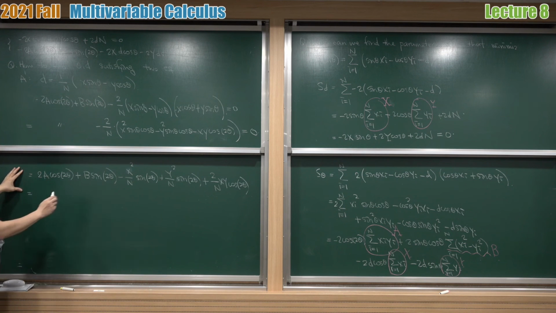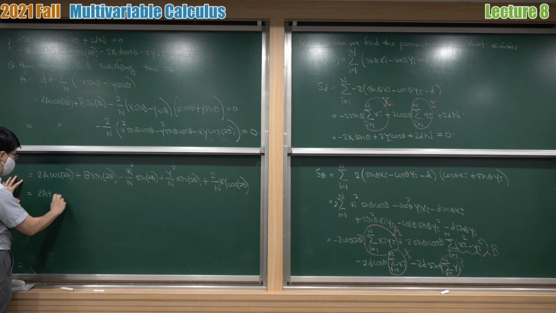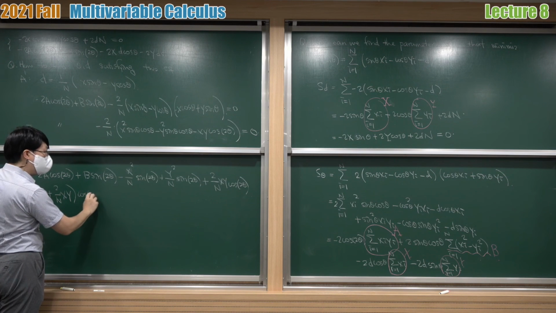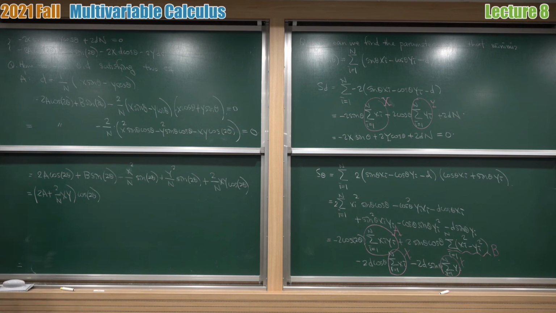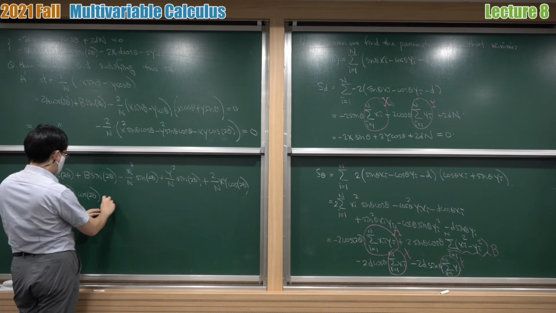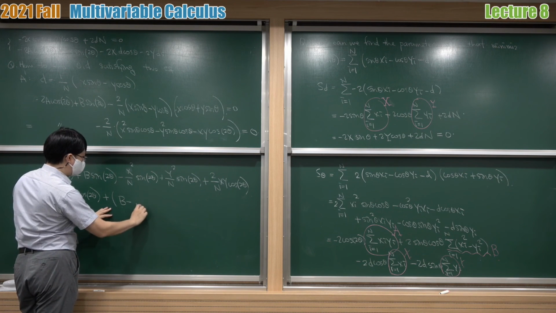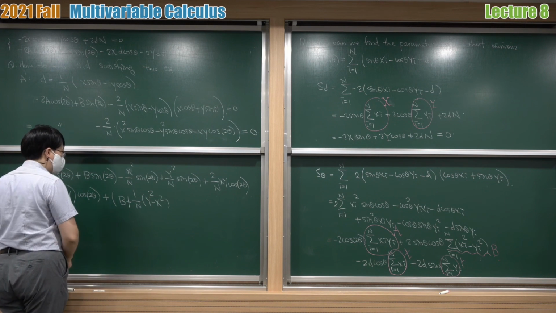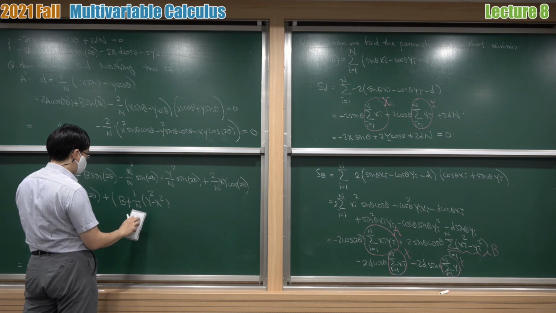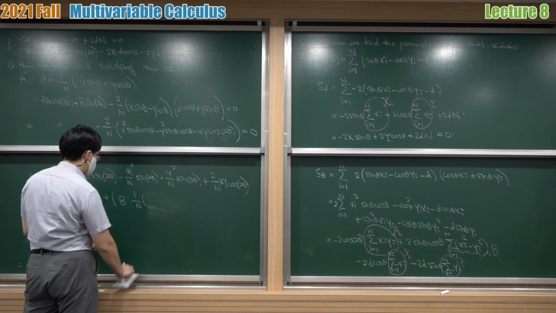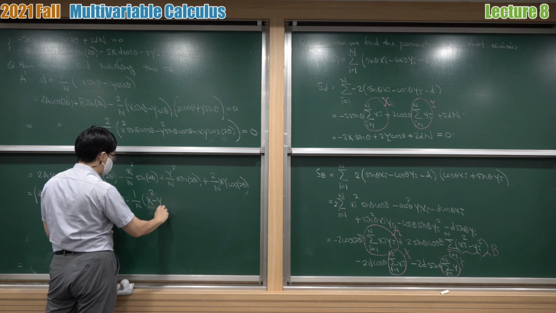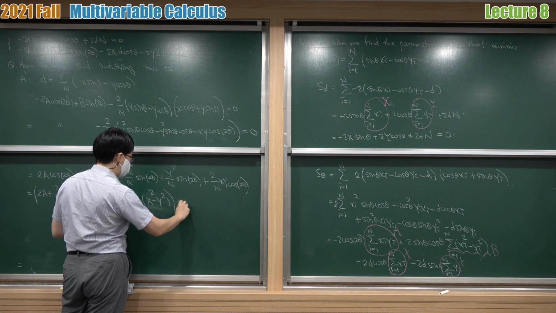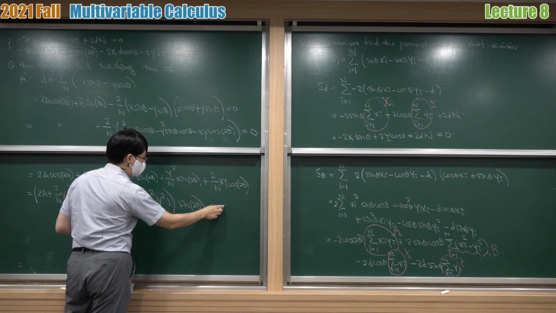So let's combine the cosine part. We have 2a xy cosine 2 theta. And let's combine the sine part, which is b minus 1 over n, x squared minus y squared, times sine 2 theta equals to 0.